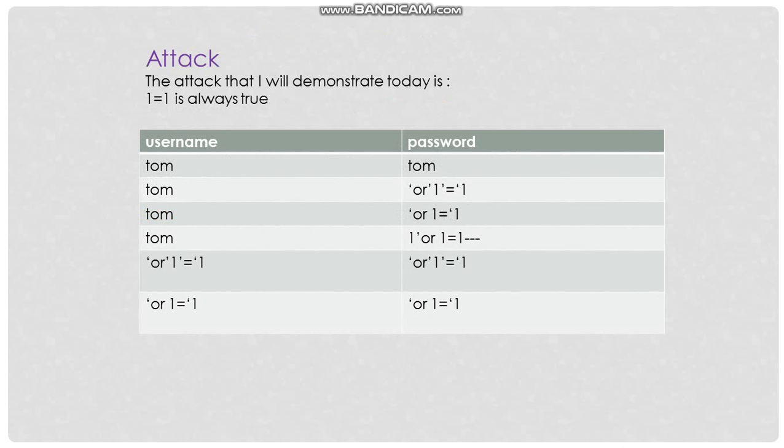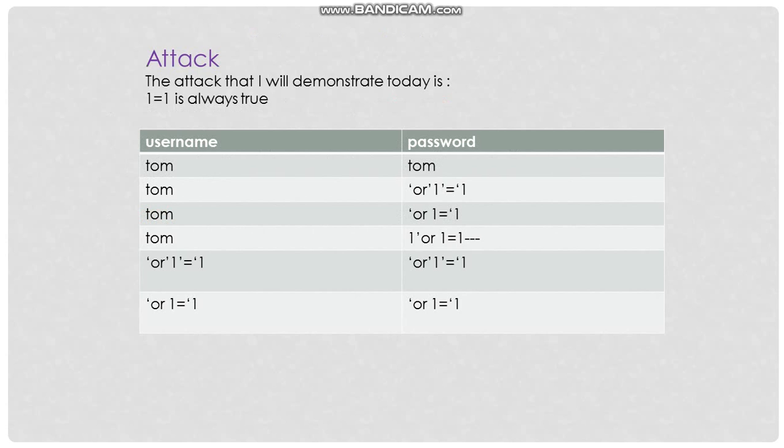So the attack today that I will demonstrate is based on the fact that 1 is equal to 1 is always true. Below is a table that shows us username and password. In case we know the username and password, then no SQL injection is required. However, if the username is known and the password is not, then the attackers use some SQL codes to get their way through the login process.